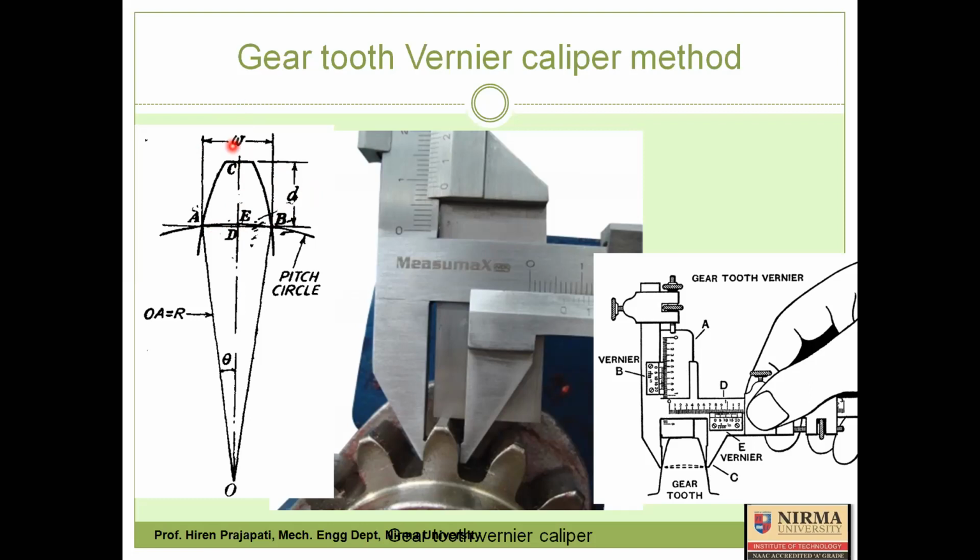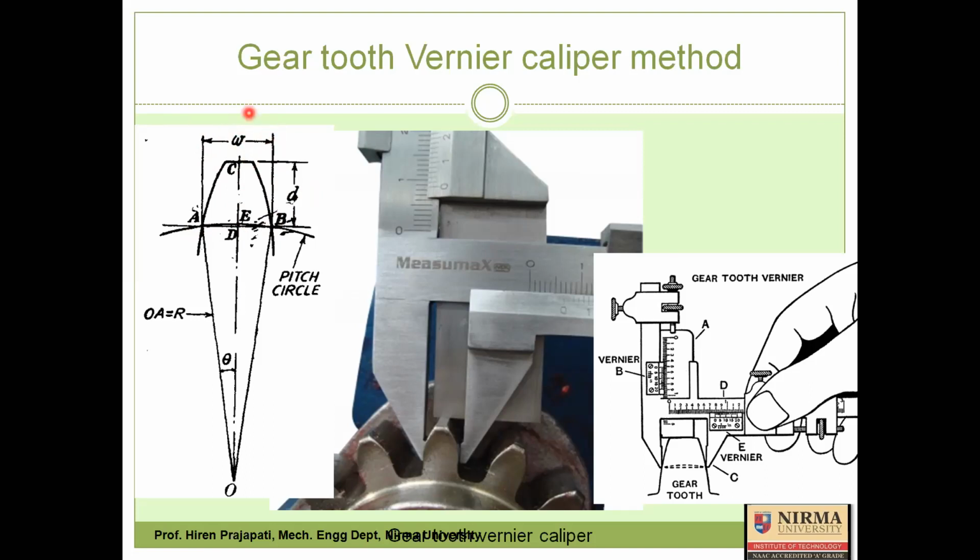So first of all, we need to derive the relation of W. If AEB is the gear tooth thickness, then what should be the ADB length? What should be the chordal width? The actual chordal, required chordal width.